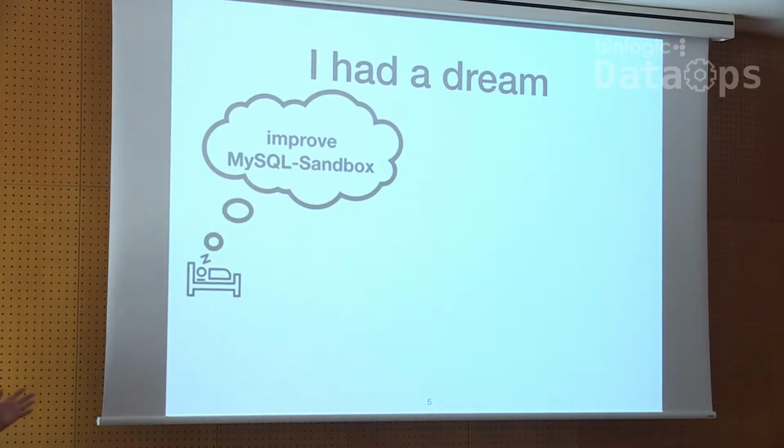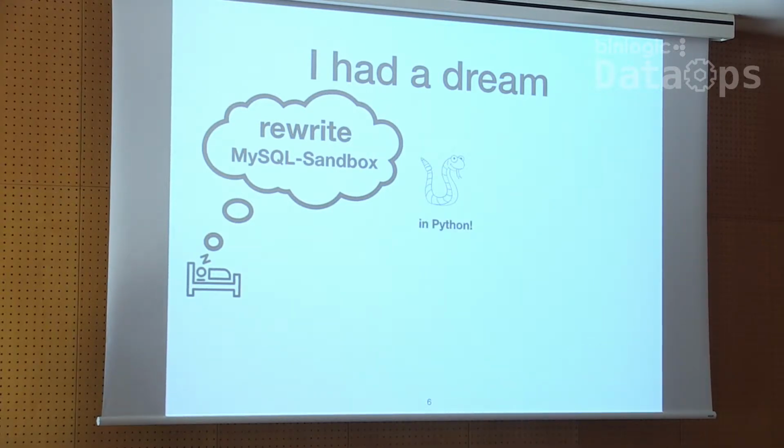So this thing grew very, very much. So I decided that I wanted to improve MySQL Sandbox. I wanted to change it in such a way that I could make it better, faster, and easier to improve.